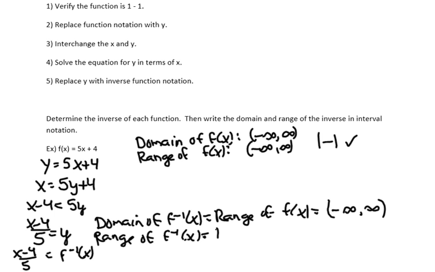The range of the inverse is the same thing as the domain of the original. Again, because it's a line, there were no domain restrictions in the original, so the range of the inverse is also negative infinity to positive infinity.